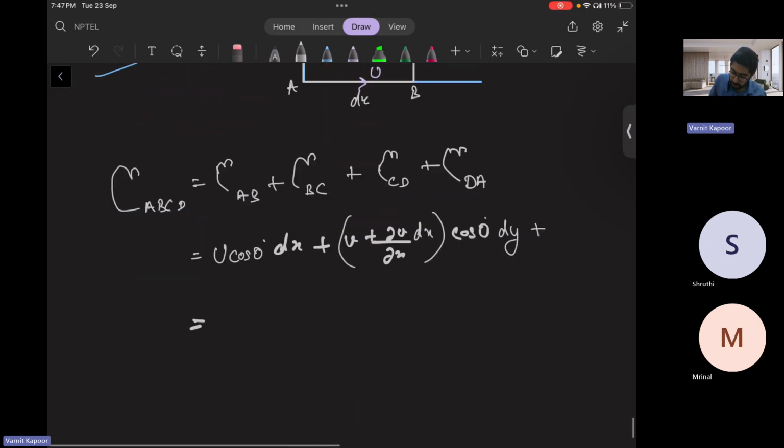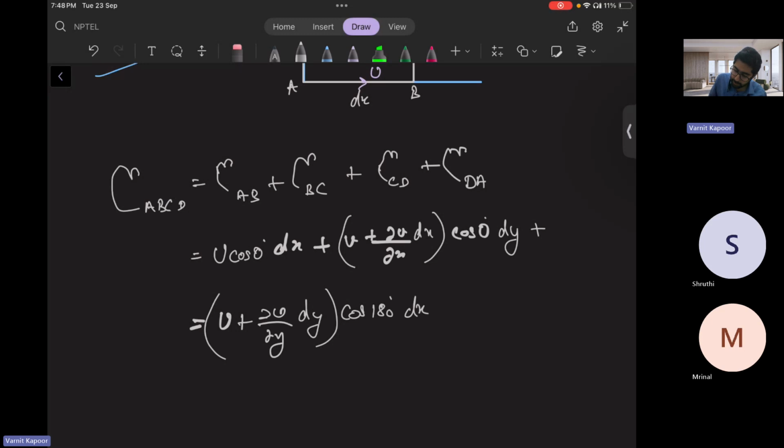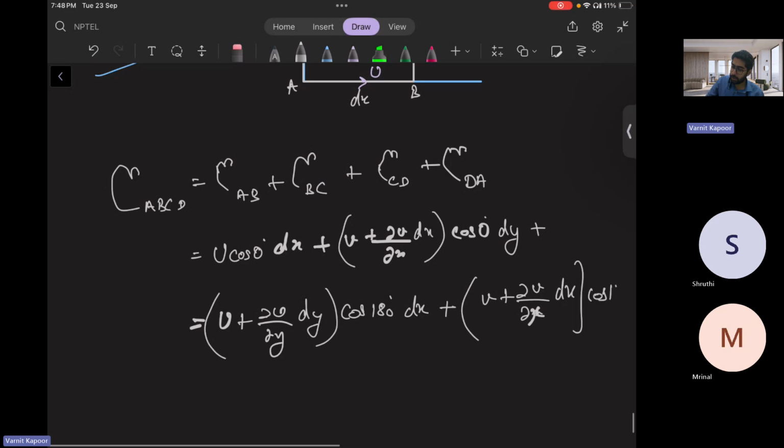So it is u plus dou u by dou y dy, cos 180 dx, plus v plus dou v by dou x dx, cos 180 dy, again opposite directions.